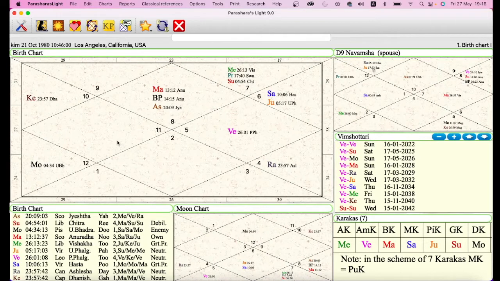So now we're going to use Kim Kardashian's chart and we're going to calculate her BHRIGU BINDU point, and then after I show you, I'm going to reply to one of the questions.